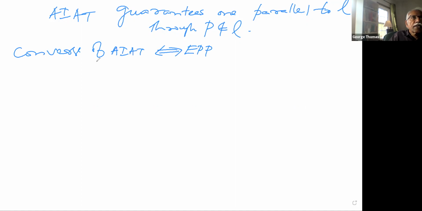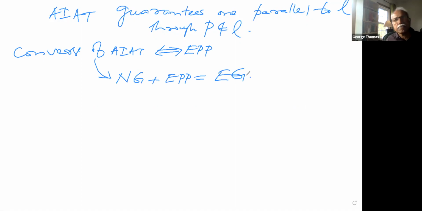So the converse of AIAT is really in what geometry? It is in neutral geometry plus EPP, which is Euclidean geometry. A lot of people confuse AIAT with the converse of AIAT.